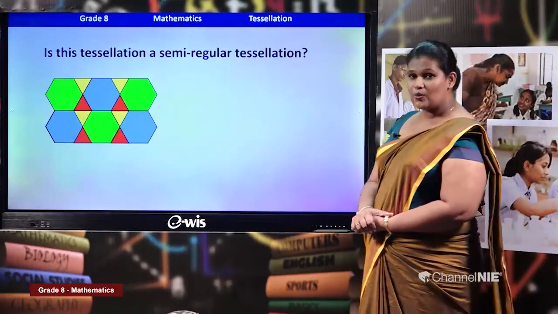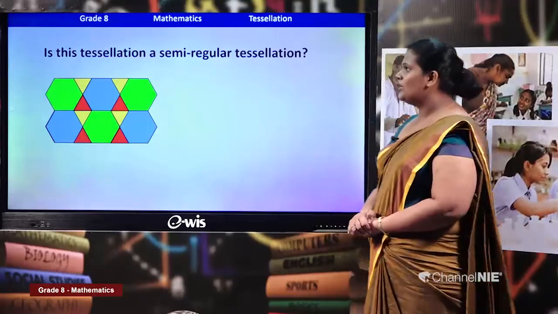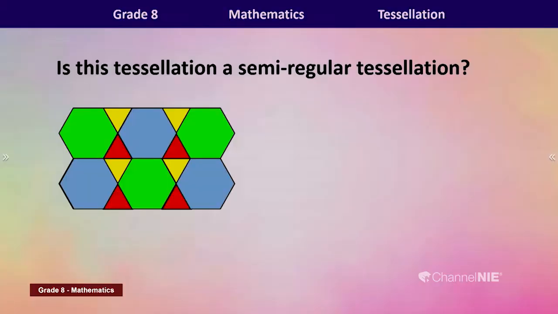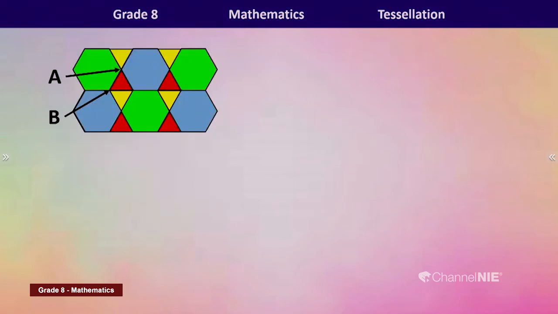Right. Now, once again, there is a question for you. Is this tessellation a semi-regular tessellation? So, to find that, we have to have a look at whether they have used regular polygons here. Yes, they have used regular polygons, regular hexagons and equilateral triangles. But what about the order of polygons?